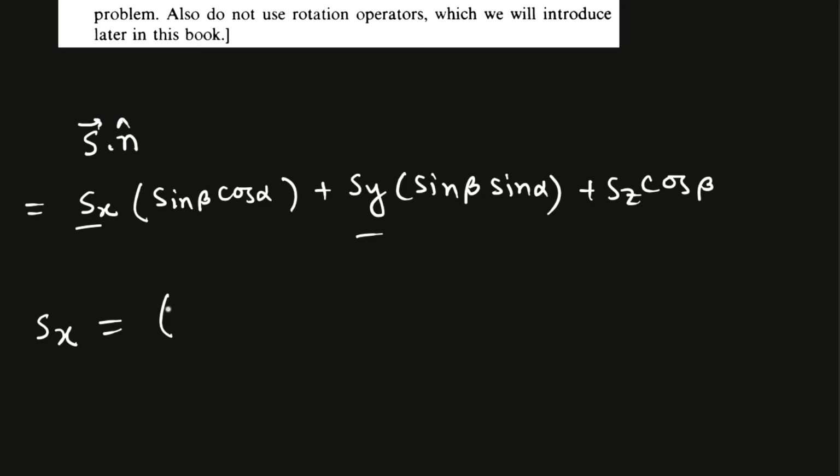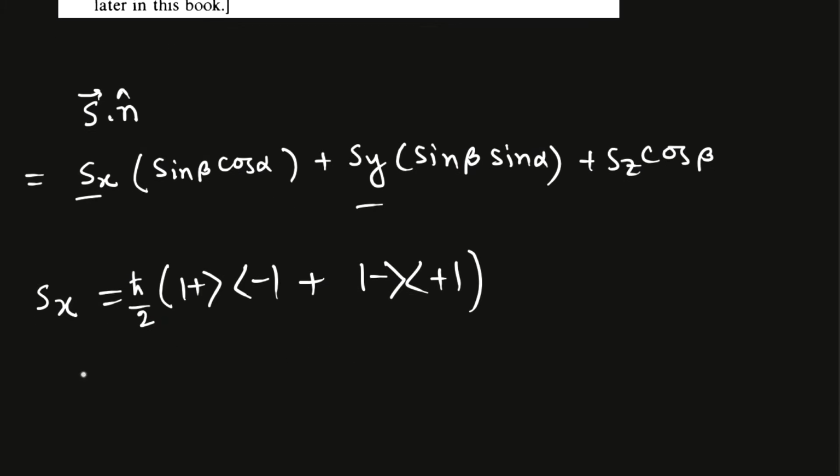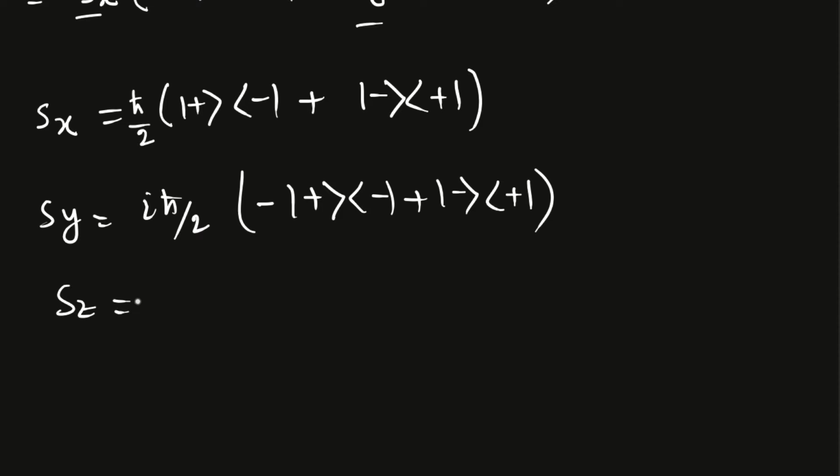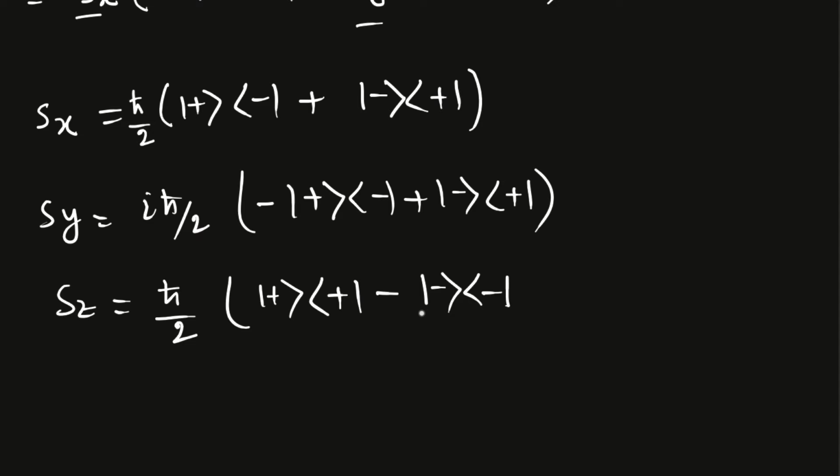It is ħ by 2 into (bra plus ket minus, plus bra minus ket plus), and Sy equal to i ħ by 2 into (minus bra plus ket minus, minus plus bra minus ket plus), and Sz is ħ by 2 into (plus bra plus ket, minus minus bra minus ket).